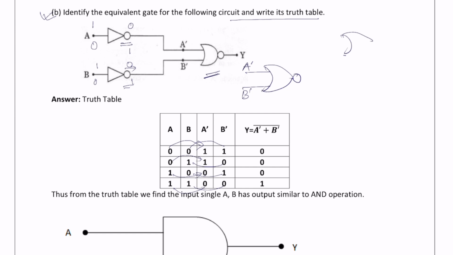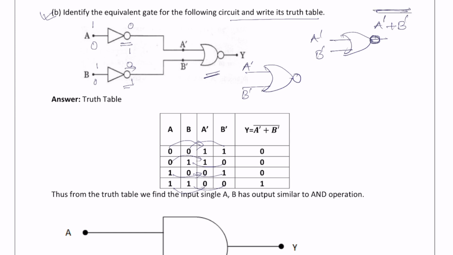OR means it adds two values, A dash, B dash. So this becomes A dash plus B dash. But when we have a NOT here, it negates it. Negating means it reverses it. So add A dash plus B dash and then take the NOT of it.